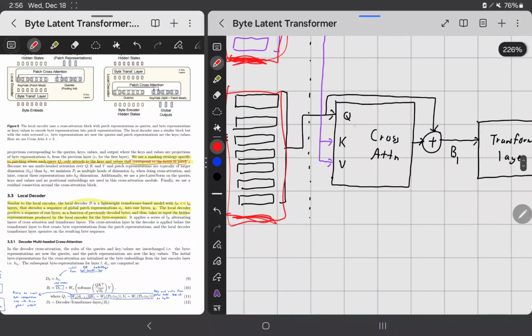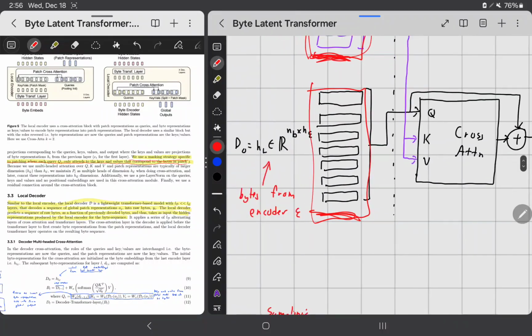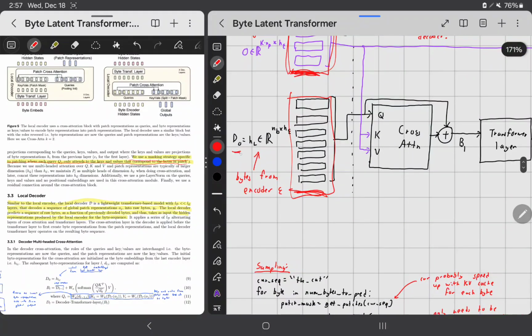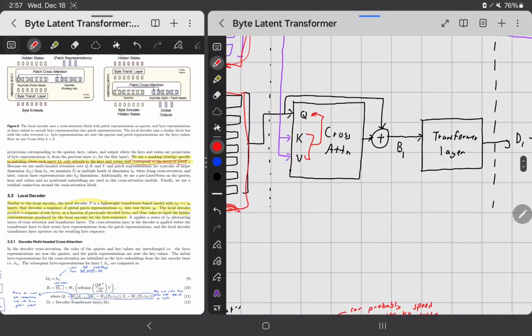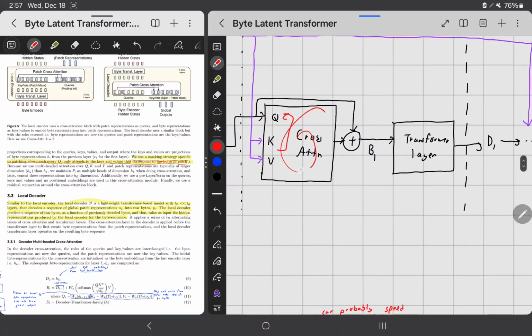So remember I said that K and V send information to Q, so you invert this so that Q is now going to be your bytes and K and V are going to be your patches. So yeah, like I said, K and V send information to Q, because Q creates linear combinations of basically the similarities of K and V. Anyways, so patches sending information to your bytes in this cross attention here.